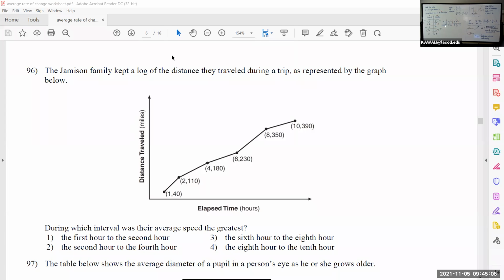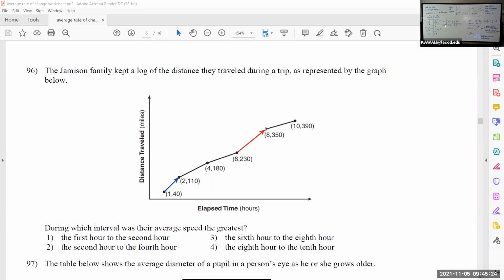Now for me, I'm not quite sure. It could either be this one or it could be this interval. But it's definitely not any of the other intervals.